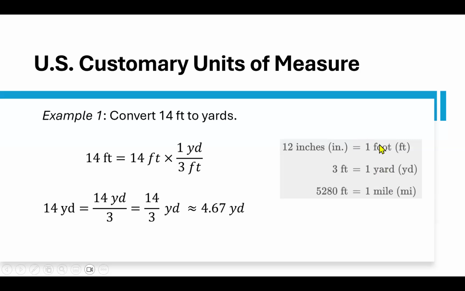Also, 1 yard is equal to 3 feet, and maybe less common, 1 mile is equal to 5280 feet. The one we want to use for this example is the one relating the two units we want to convert, feet and yards. Notice that would be the middle one: 1 yard equals 3 feet.